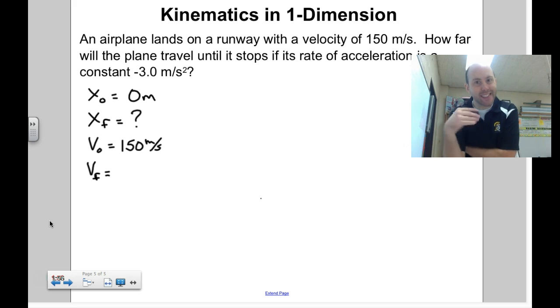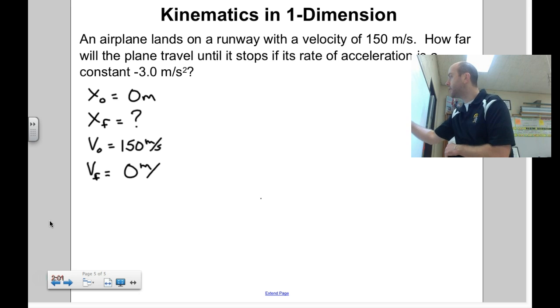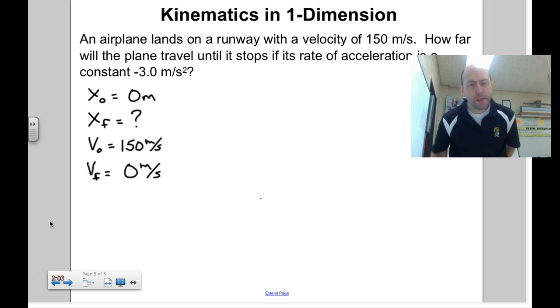So if the plane stops, that means the final velocity must be 0 meters per second. So always be on the lookout for those phrases, if it stops, or if it says something like it starts at rest. If it starts at rest, then that means that the initial velocity is 0. So make sure you watch out for that.